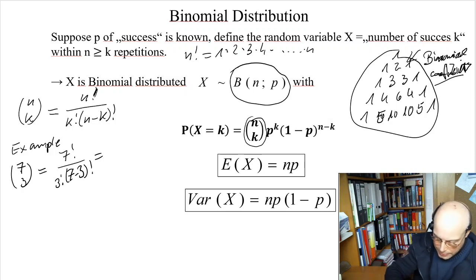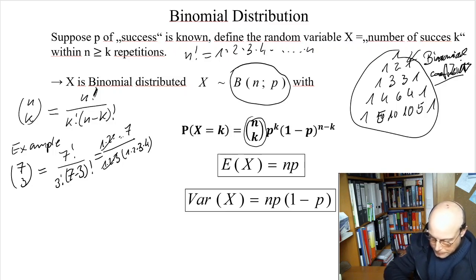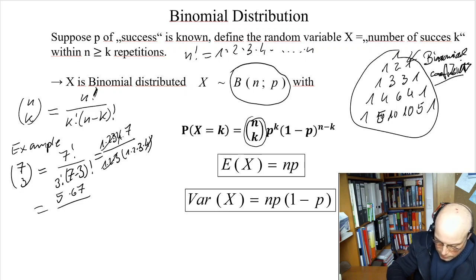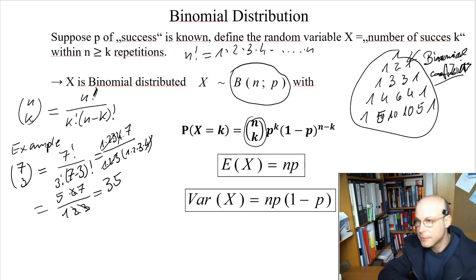So in this case we have 1 times 2 times up to 7 over 1 times 2 times 3 times 1 times 2 times 3 times 4. Then we can of course cancel the 3 and the 4 also, and then we have 5, 6, 7 over 1, 2, 3, and this is 35.